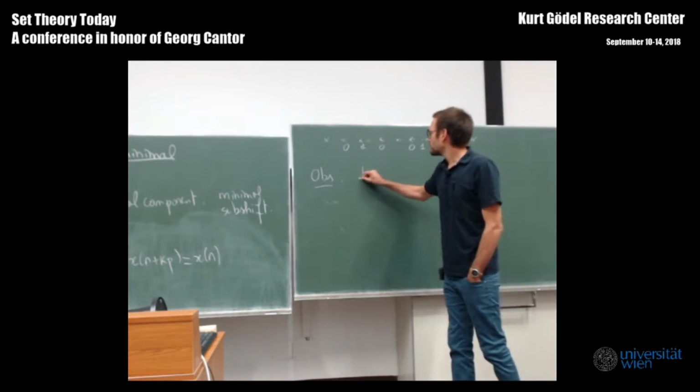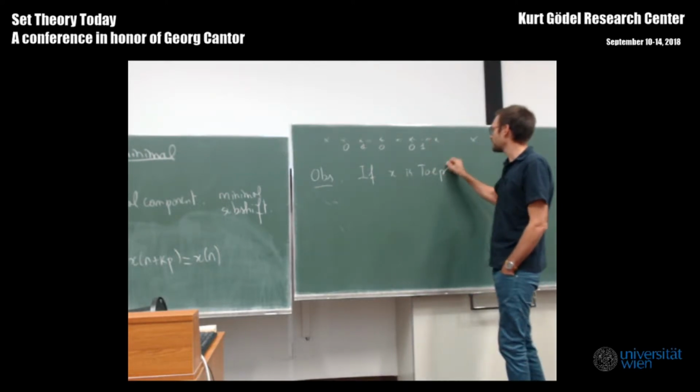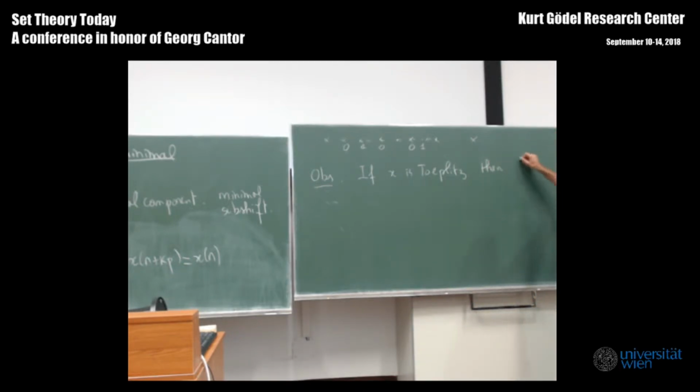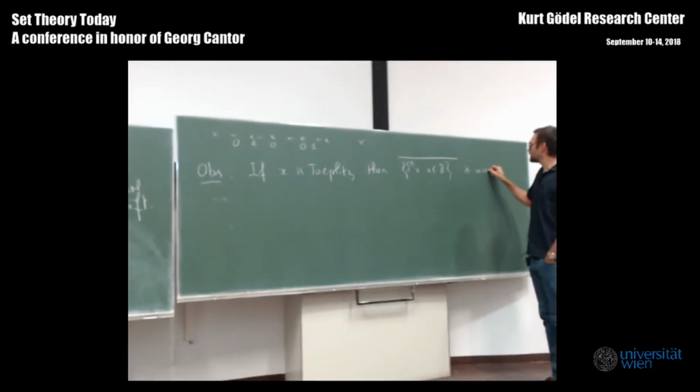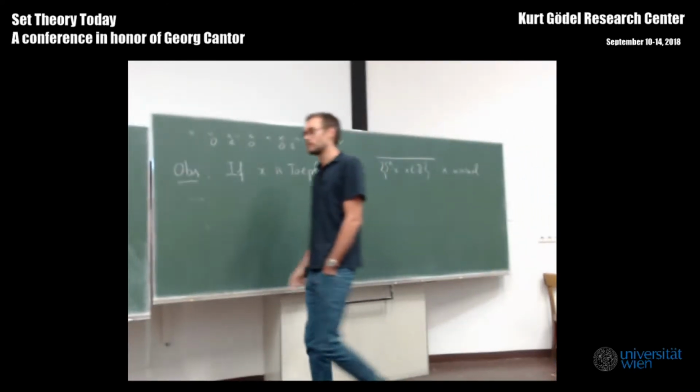So the observation is that if X is tuplets and non-periodic, then the closure of its orbit under the shift is a minimal subshift. So these are examples of minimal subshifts.